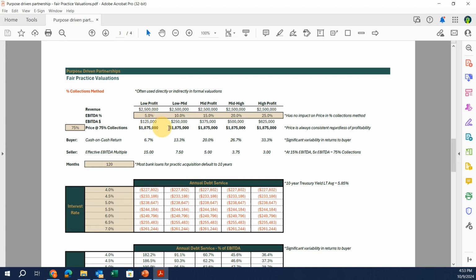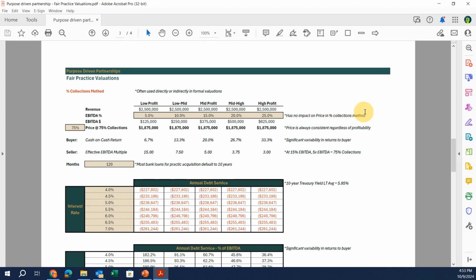Once again, we have the same practice range we were looking at before, $2.5 million revenue practice, ranging in EBITDA from 5% to 25%. But in this case, we're going to set the price in all scenarios at 75% of collections. So note that the EBITDA percentage has no bearing on the price. Okay?